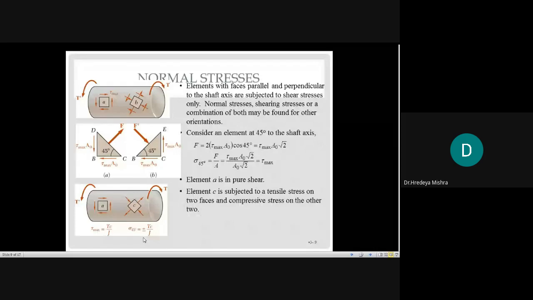Element C is subjected to tensile stresses on two faces and compressive stresses on the other two faces. Note that all the stresses for elements A and C have the same magnitude. We can calculate the angle for element C.